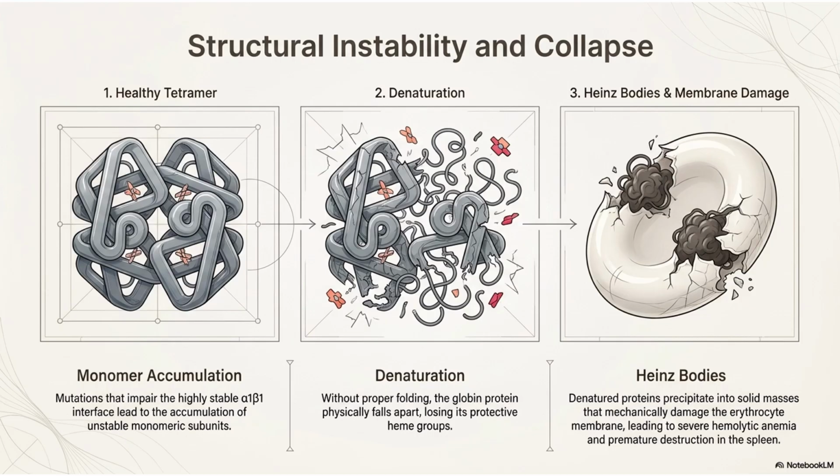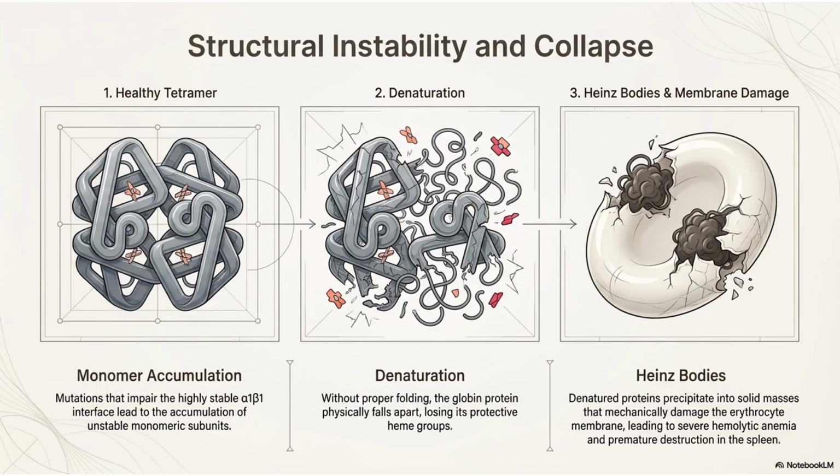Unlike sickle cell disease, where the problem is polymerization, unstable hemoglobins produce disease because the protein simply cannot maintain its normal structure. This is another example of the central principle we've seen throughout this presentation. Small molecular changes often produce enormous physiological consequences.